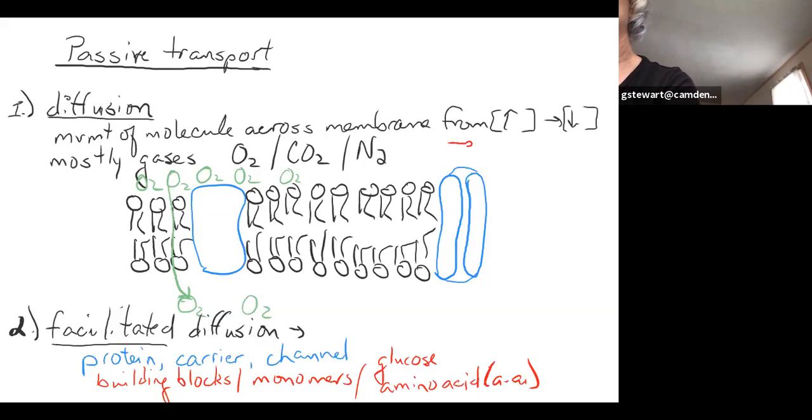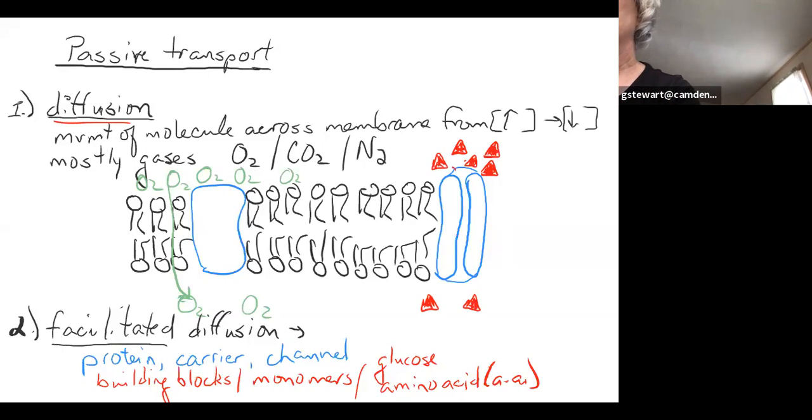So I'll make it look like glucose here. Let's see. Better yet, let's just make it a triangle. Something simple. Okay, so let's say these triangles represent glucose. Higher concentration outside the cell than inside the cell. Diffusion. The molecule is going to move from where there's a higher concentration to where there's a lower concentration. So I'll put a few here inside the cell.